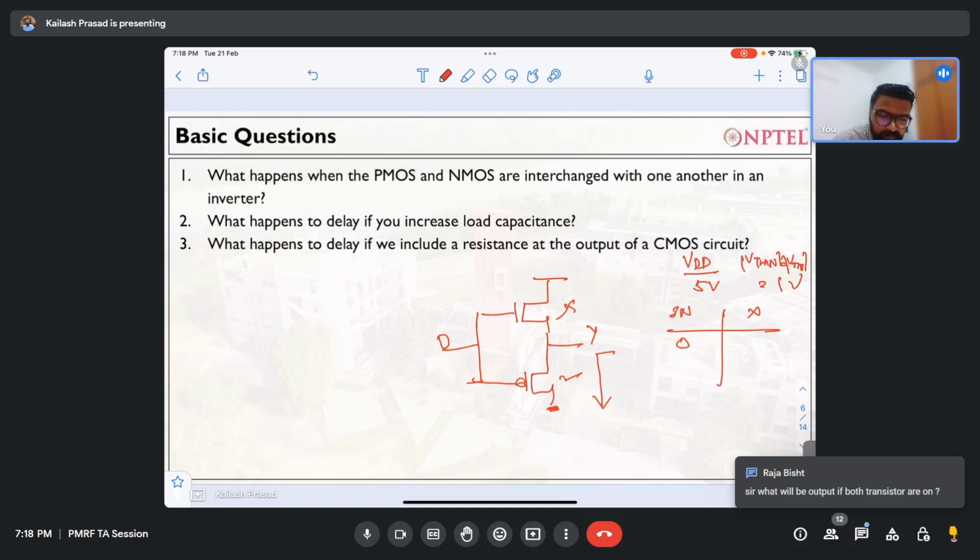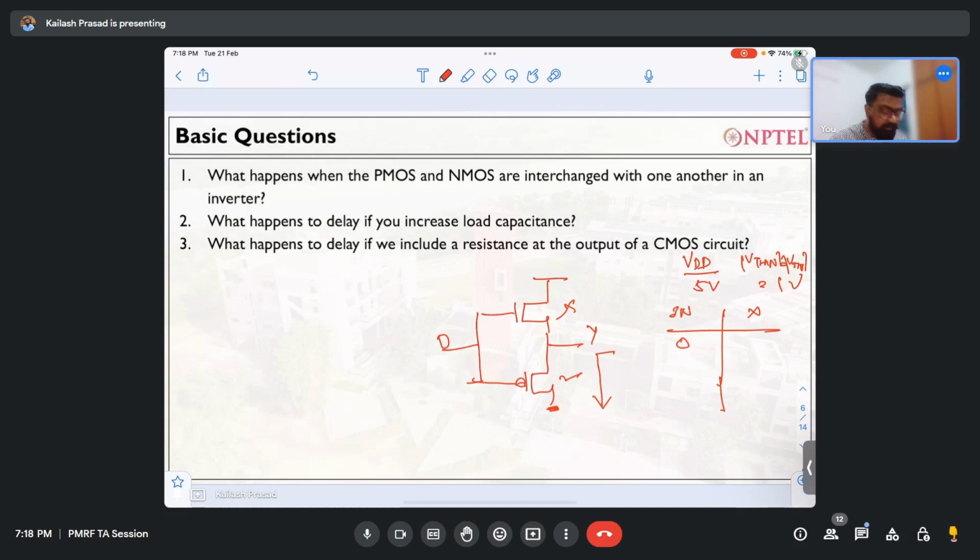I will answer that question, Raja, but before that, if I am providing input 0, what output are you expecting at y? 0. It will be 0 volt. So in terms of volt, I want.